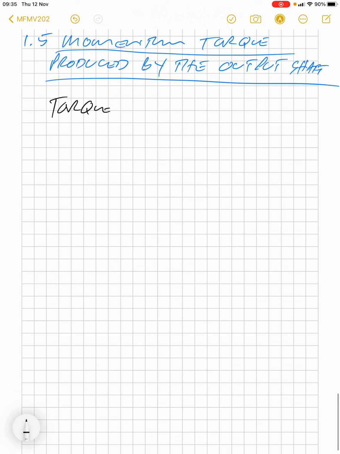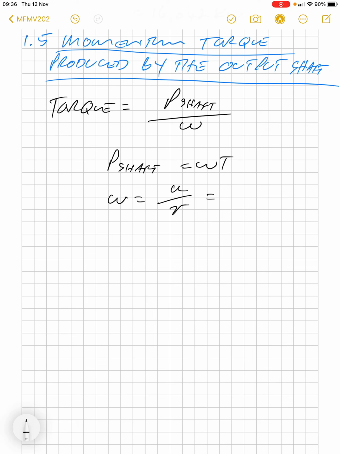So torque is equal to power on the shaft divided by omega, and shaft power is omega T. W is U over R, which is W is your angular velocity, as linear velocity divided by radius, is 14,13 divided by 1,3. 1,6 would be the diameter.